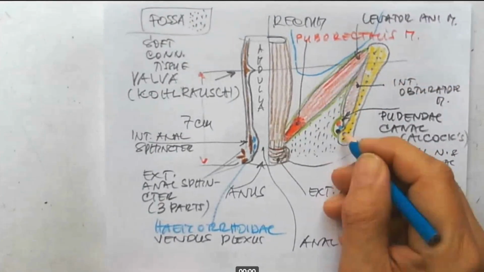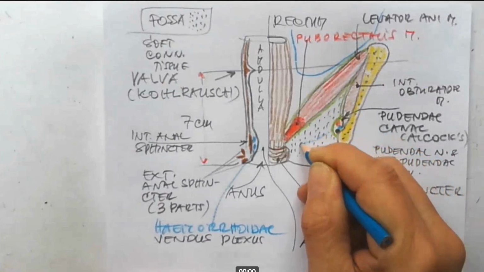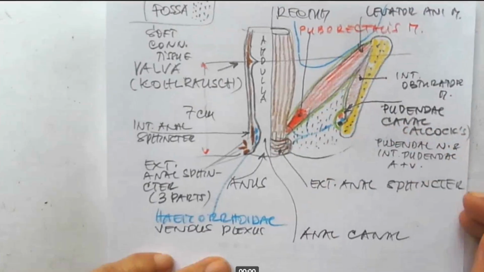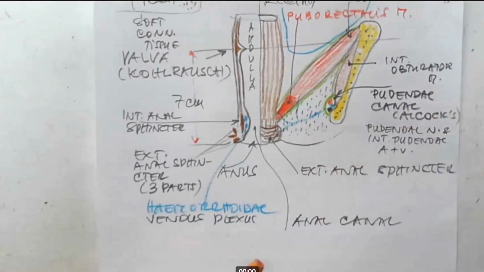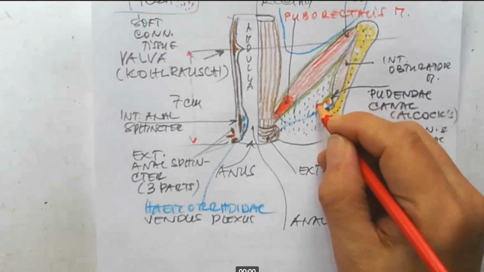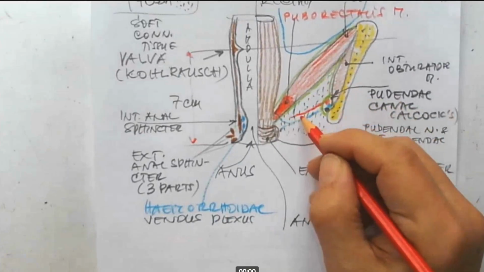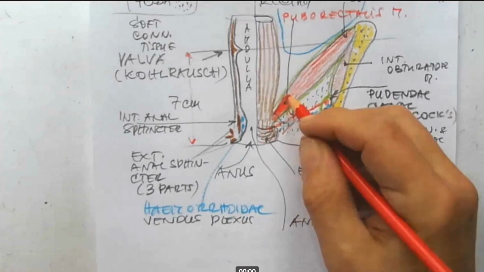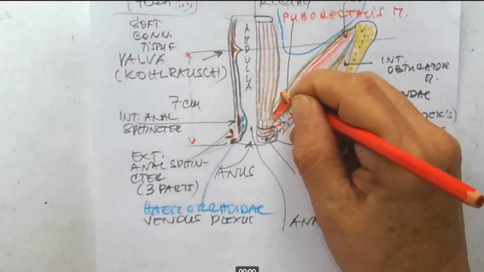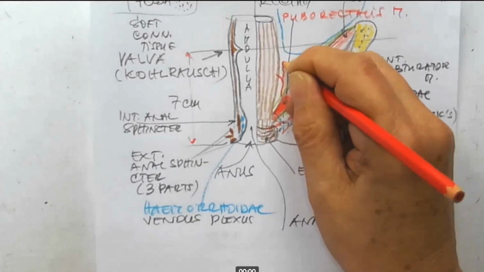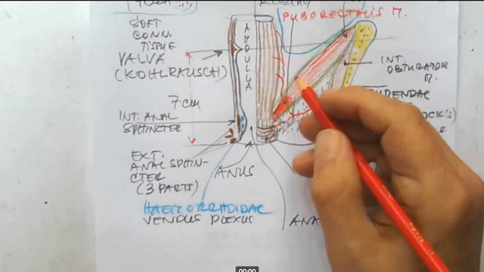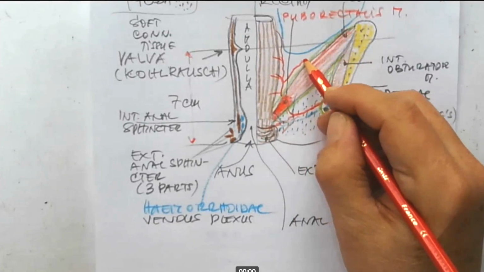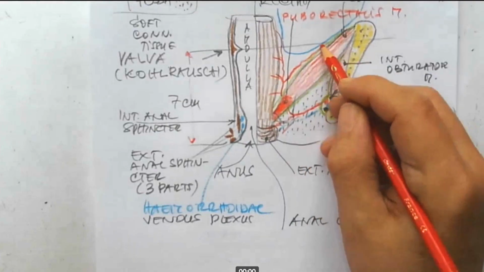Back to the vessels. Yes, the veins leave definitely the Alcock's canal, together with the arteries of the same name. Here is the internal pudendal artery supplying the wall, supplying also the rectum, joining with the others, passing through or around the muscles, forming the arterial plexus on the wall, being interconnected with the middle rectal artery.